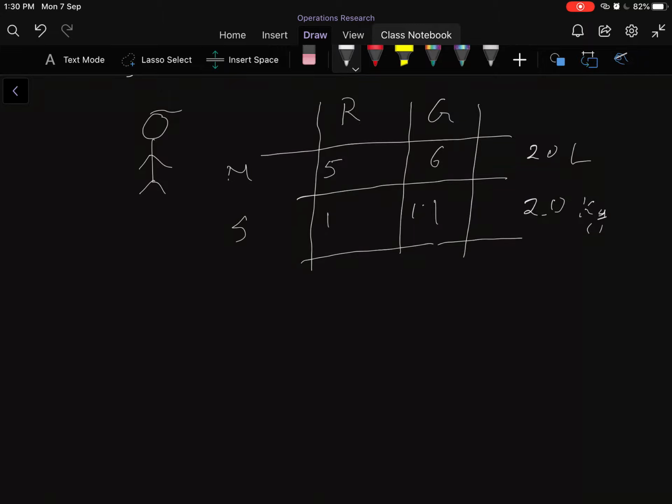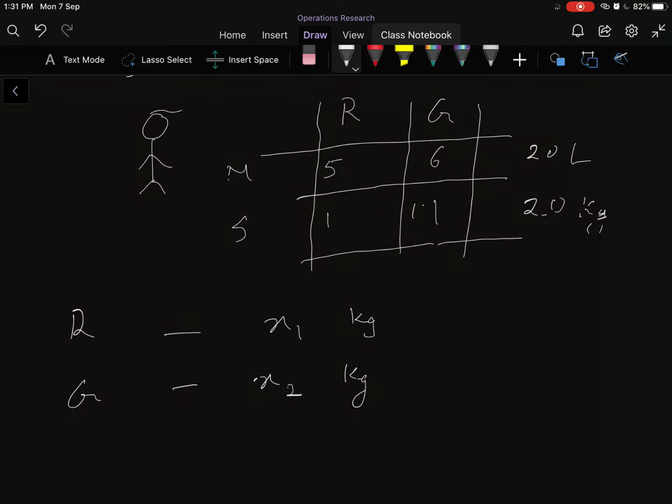So let's say that he produces x1 kg of rasgulla, and for gulab jamun he assumes that he would produce x2 kg of gulab jamun.